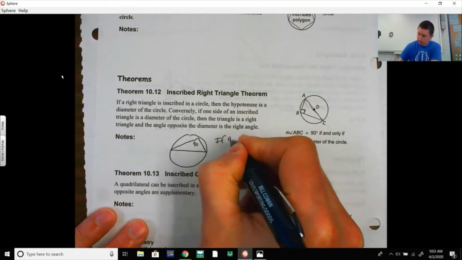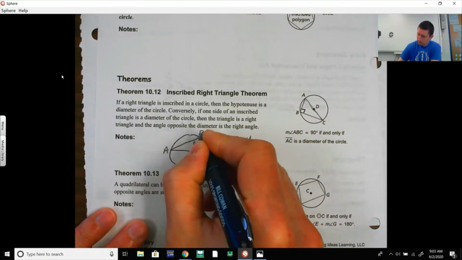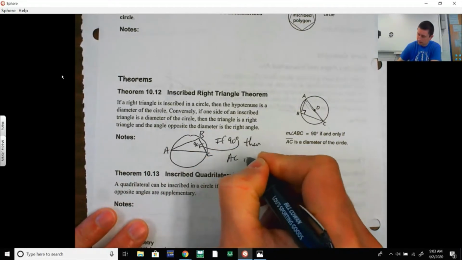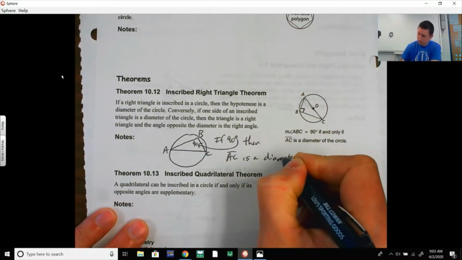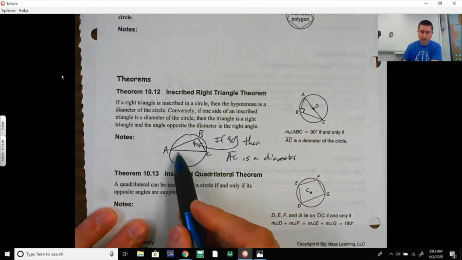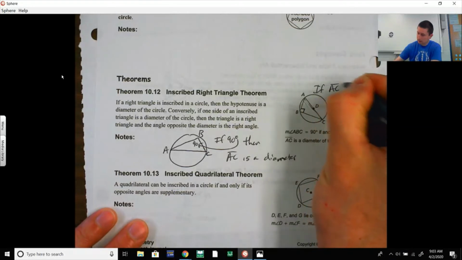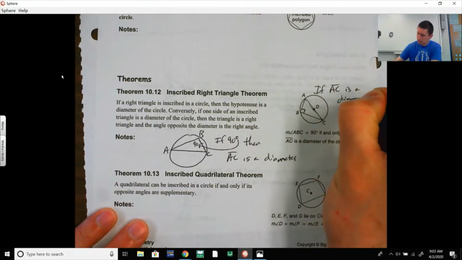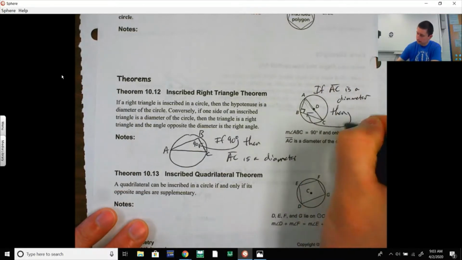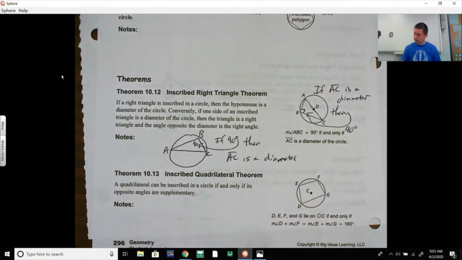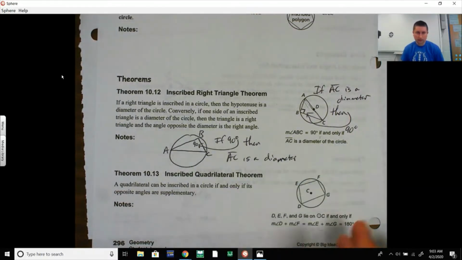So if that's 90 degrees there, then AC is a diameter. If this is a diameter, then that is 90 degrees right there. So it works both directions. It's if and only if. There's your if and only if.